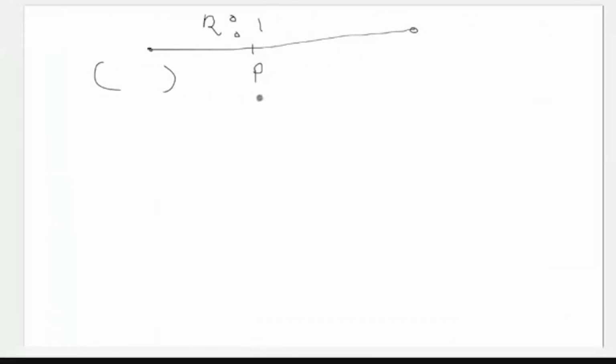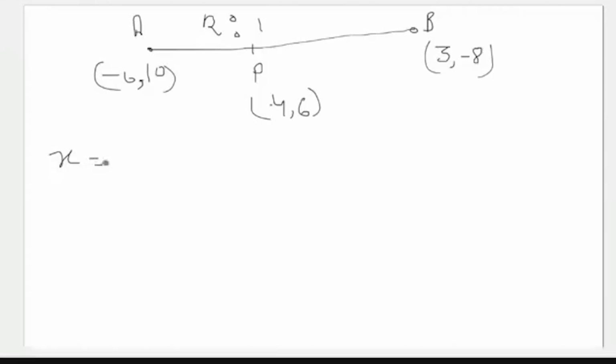Next are the coordinates. Given coordinates are -4, 6, and -6, 10, and 3, -8. The procedure will remain the same, but we have to consider k:1 here. So what is the section formula according to this? (m1 x2 plus m2 x1) divided by (m1 plus m2).